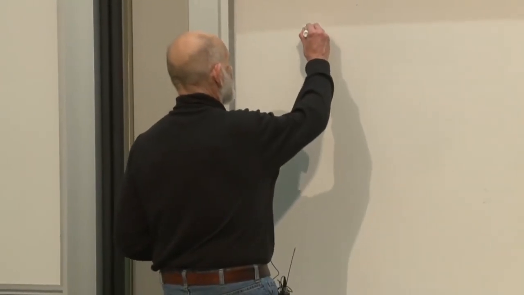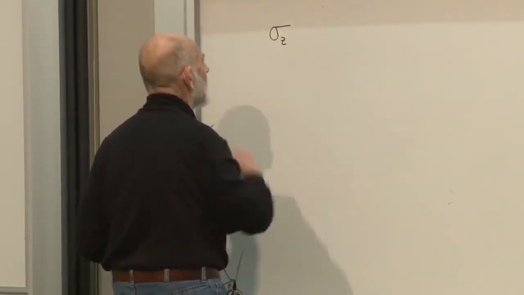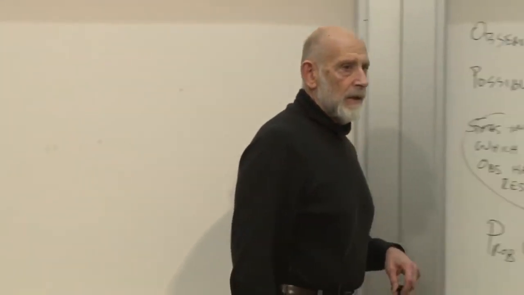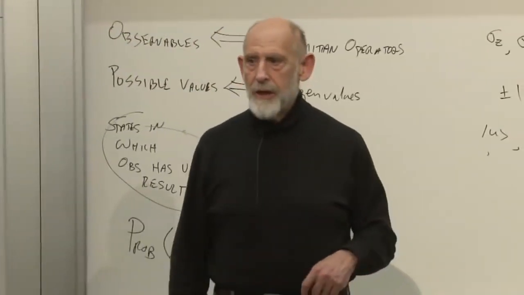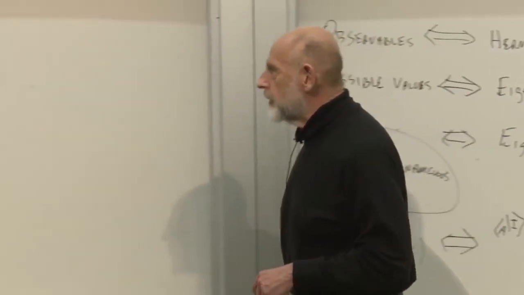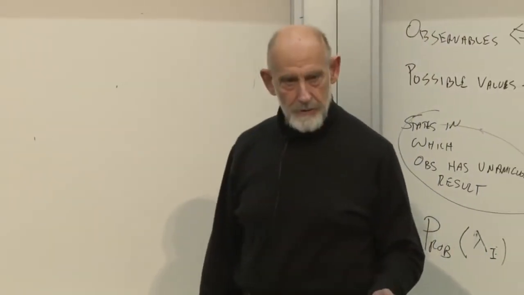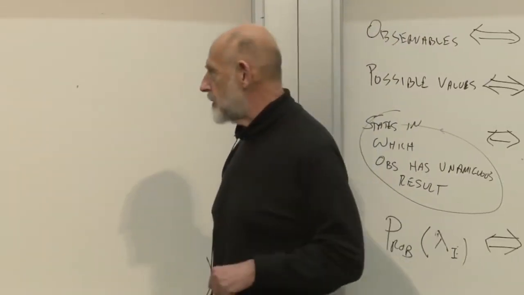So I want to start with the three observables, sigma x, sigma y, and sigma z, and see what I can learn about them. First of all, sigma z. Now let's start in the basis associated with the measurement of the spin along the z-axis. Let's take that as the appropriate basis.